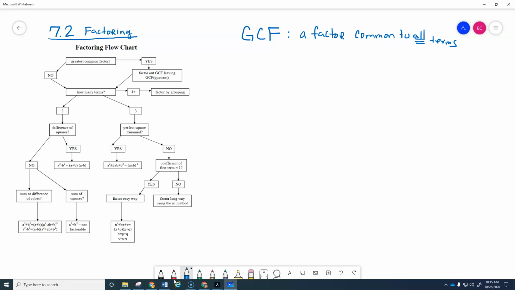So let's start off with something super easy. Let's do 2x plus 6. Okay, now this is a binomial, and at this point, it doesn't matter if it's a binomial or a trinomial, or if there's 4 terms or 5 terms. It doesn't matter. If you're going to factor, your very first job on all problems is to see if there's a greatest common factor.